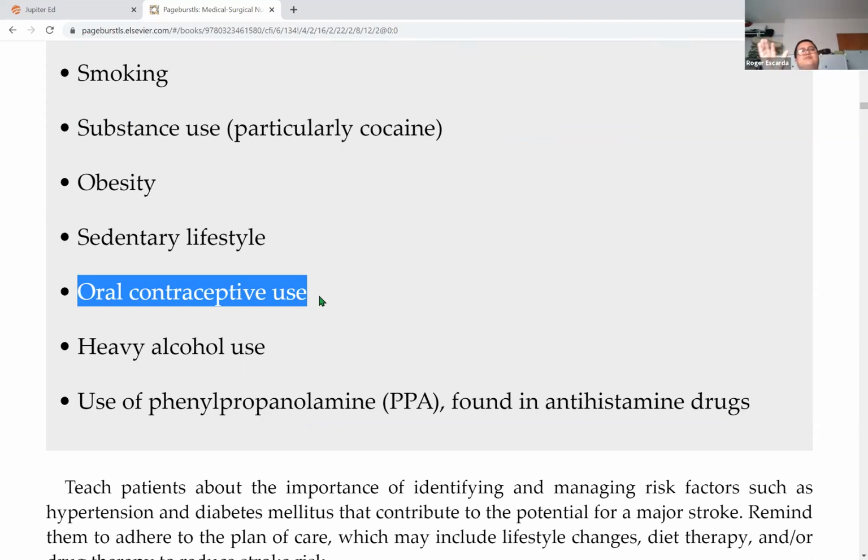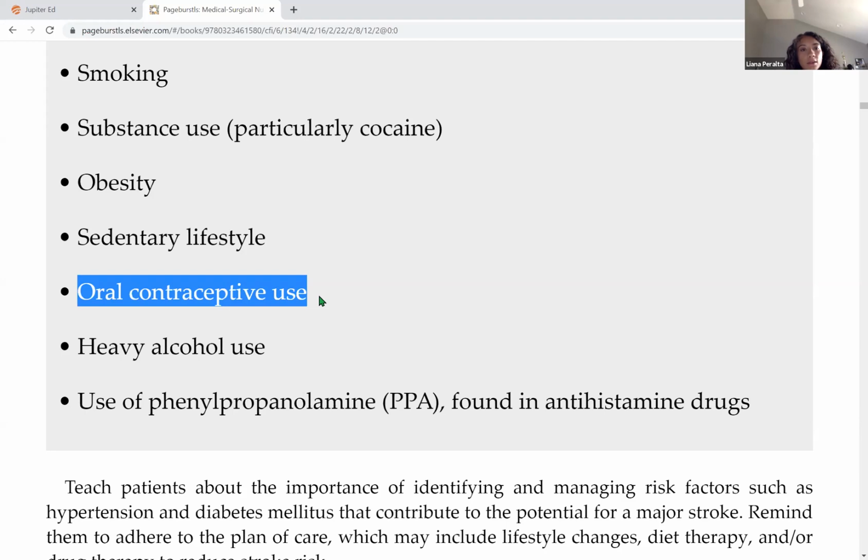Well, let's say I'm not smoking. I just take OCPs. How does estrogen cause a stroke? Doesn't it make the blood more likely to clot?